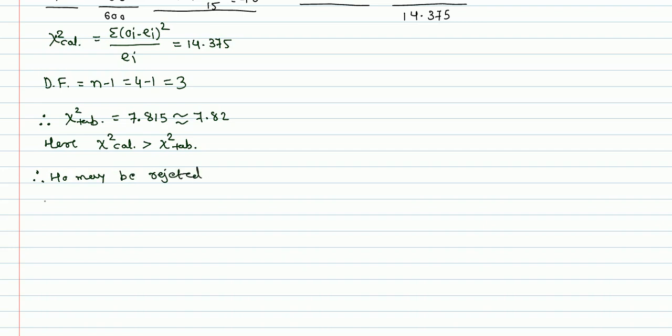So we can say that the production is not in proportion 8 is to 4 is to 2 is to 1.